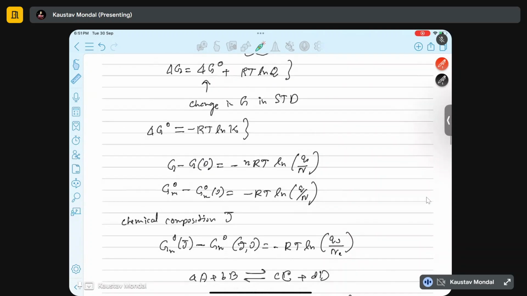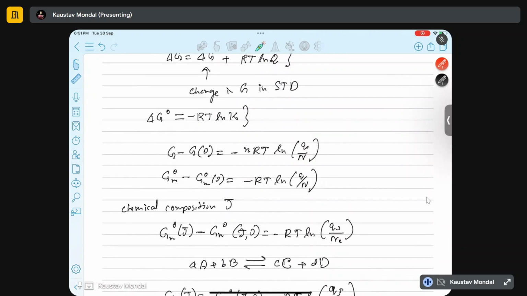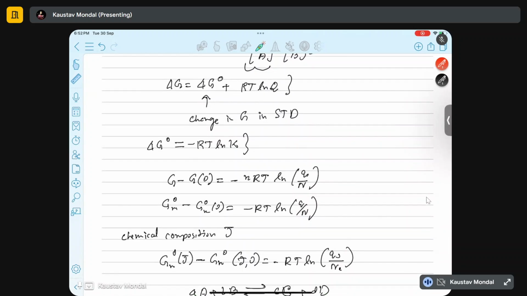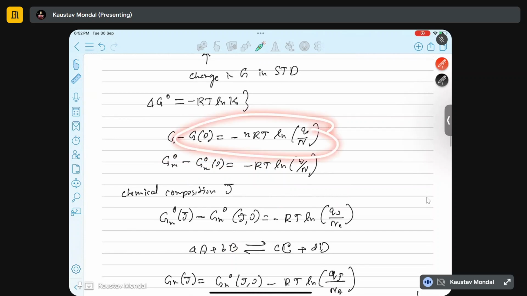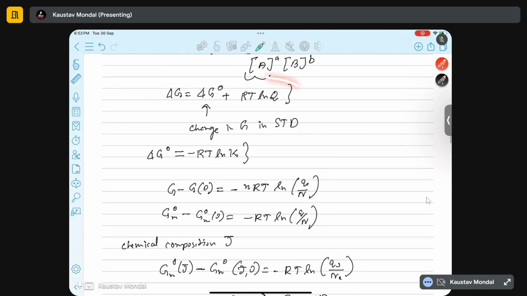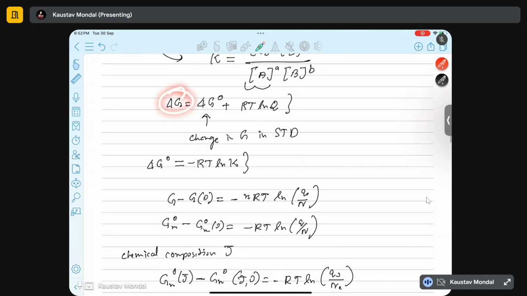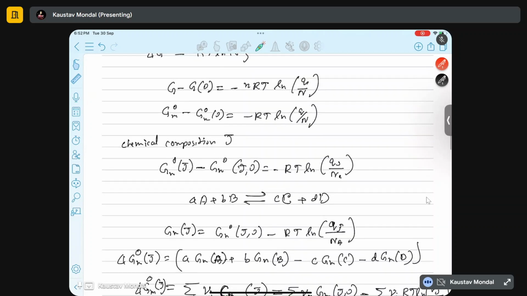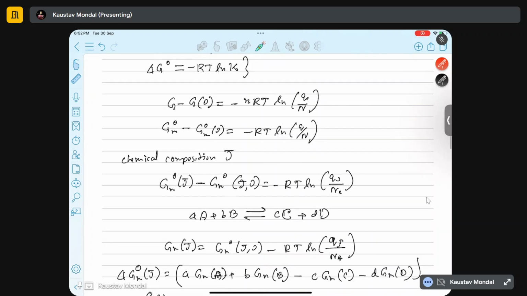We started from the change in Gibbs free energy at standard condition. We got this form from classical thermodynamics. We are not considering delta G right now, we are only considering the standard case, so we take delta G0 equal to this.